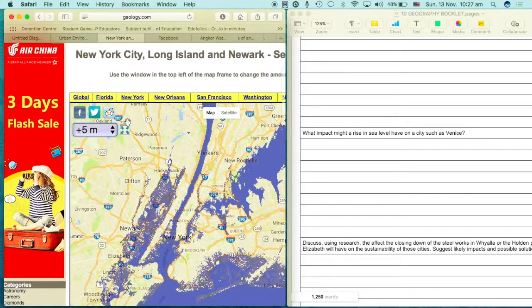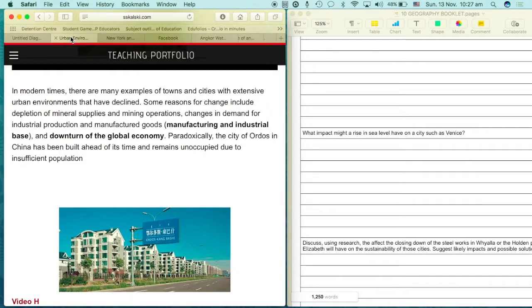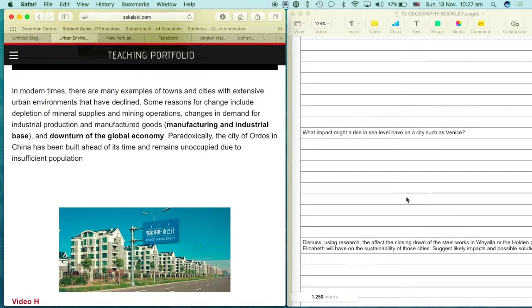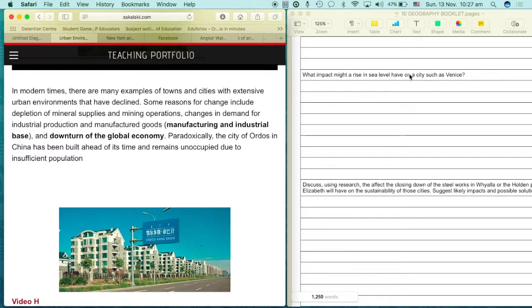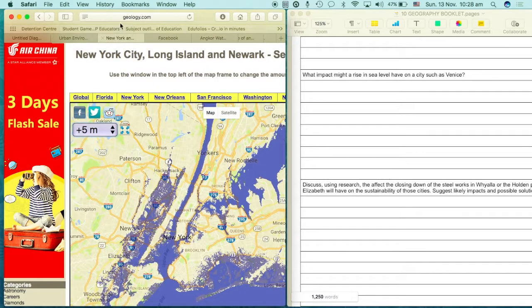So that's at geology.com. So a quick Google search will give you that information about the rise in sea level. It will be very similar basically to the answer that you wrote for New York, but in case you're not aware, Venice is a city that is built on water.